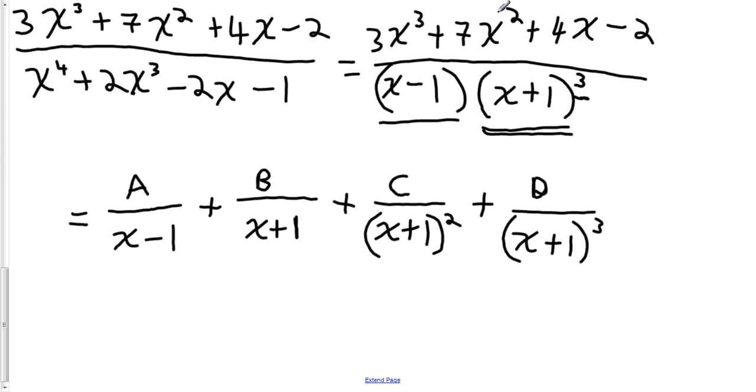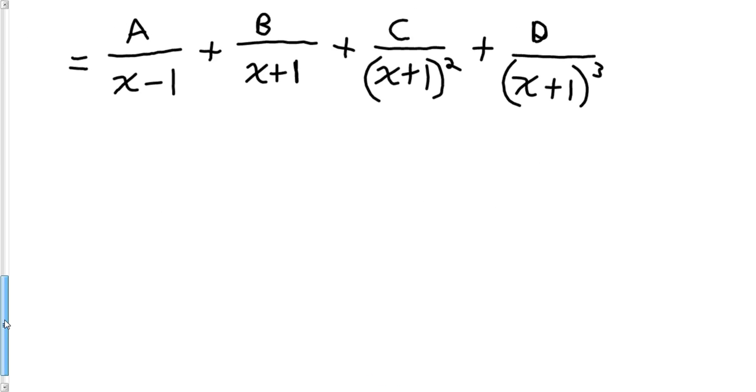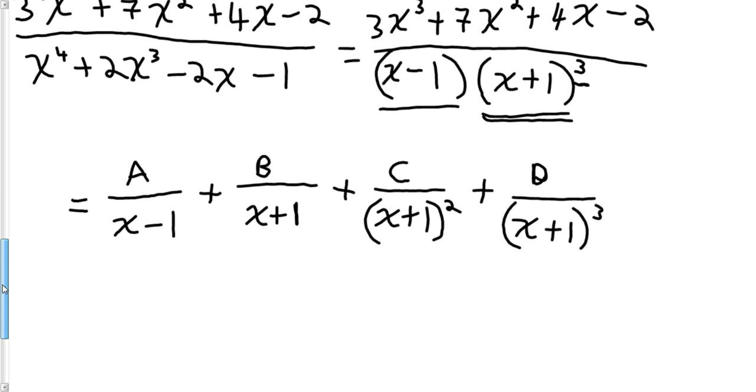If you multiply the left-hand side by the LCD, all the factors will cancel, the factor of x minus 1 and the three factors of x plus 1, leaving only the polynomial in the numerator there, which is 3x to the third plus 7x squared plus 4x minus 2.